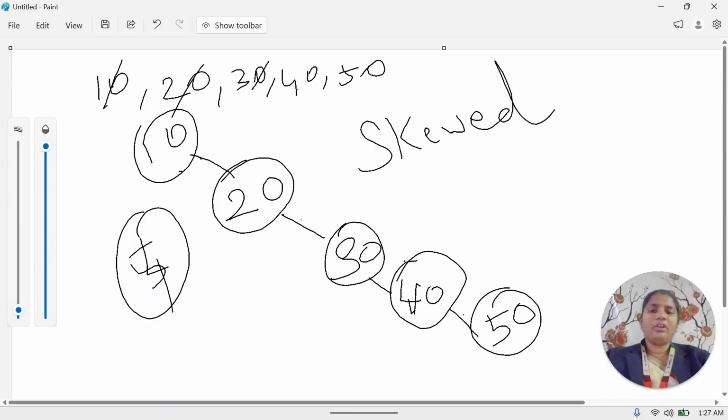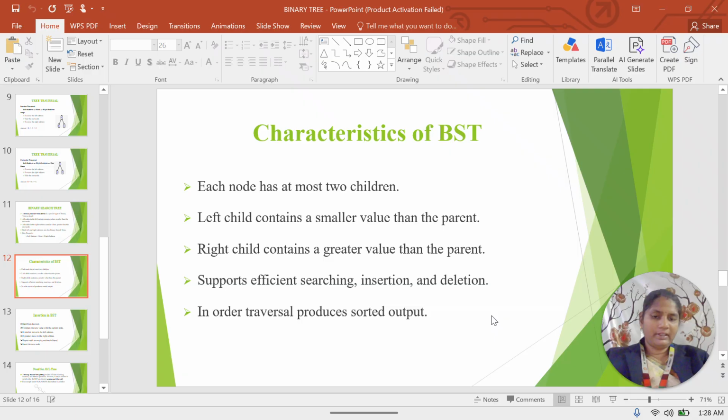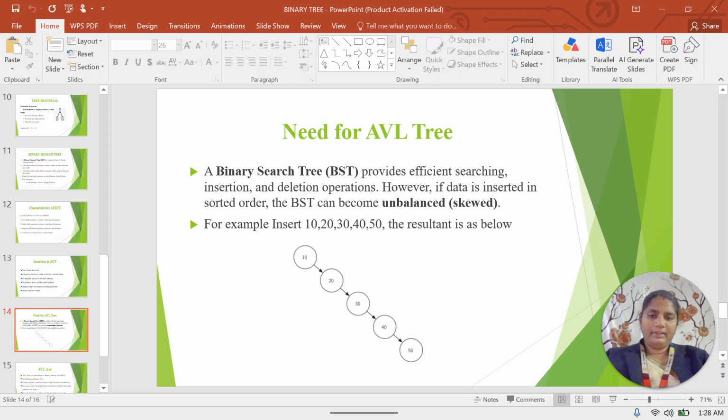This is the main disadvantage we face in a binary search tree. If numbers are always greater than or less than the root node, it becomes skewed. To overcome this skewed disadvantage, we are going to study the AVL tree. First we saw what a binary search tree is, and after that the disadvantage of a binary search tree.